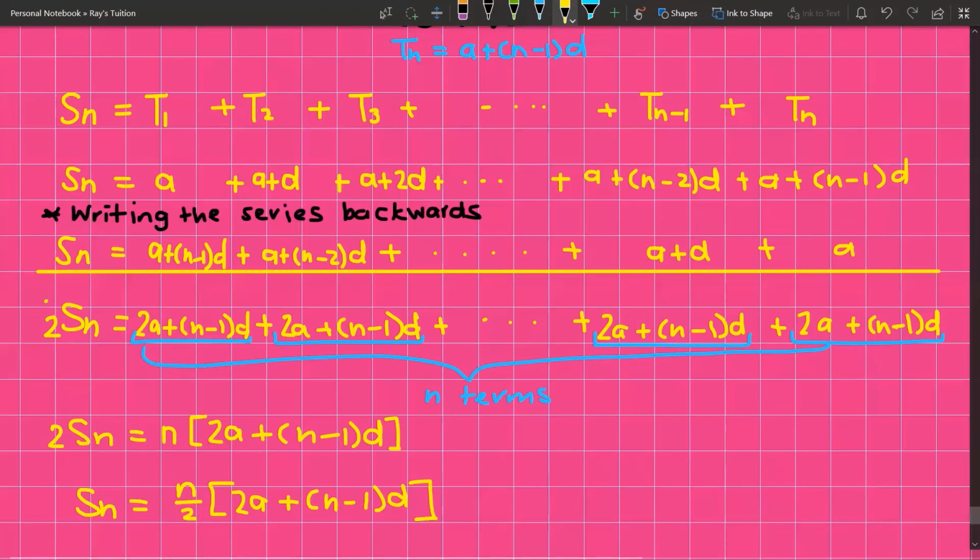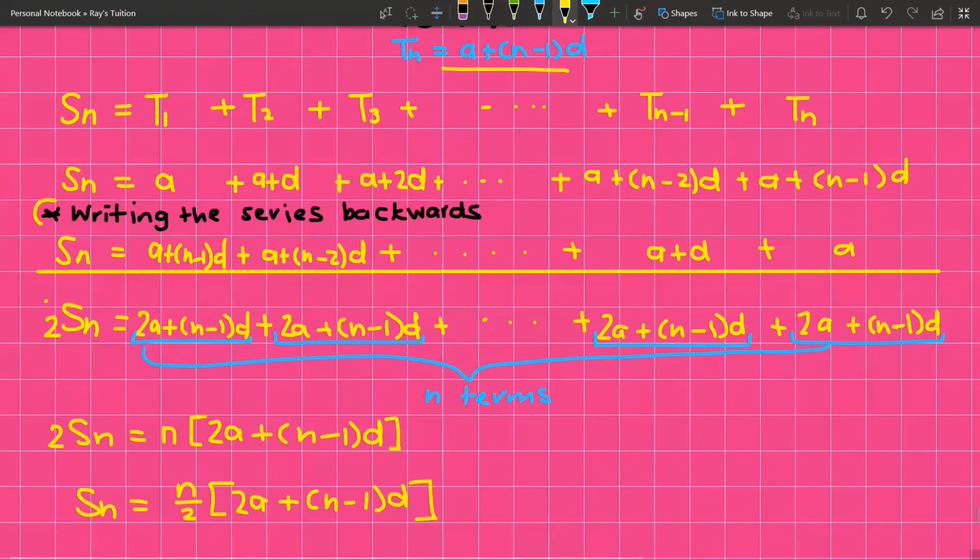You just need to remember the steps, the process and the logic behind it. So let's go through it. First, we define Sn, which is the sum of the first n terms. Each of those terms is an arithmetic term, so they follow the formula Tn is equal to a plus n minus 1 times d. Then we substitute 1, 2, 3 until n to get those terms.